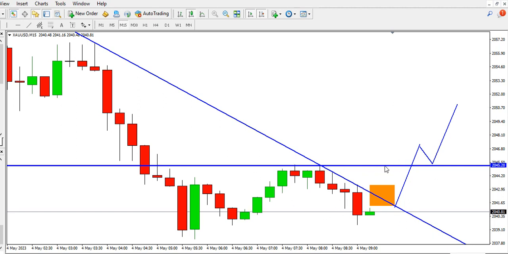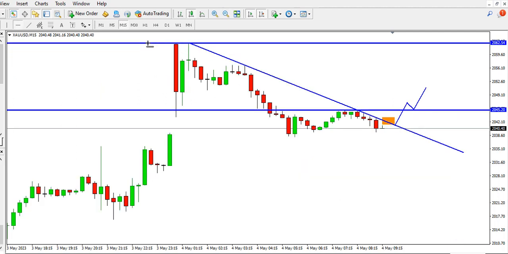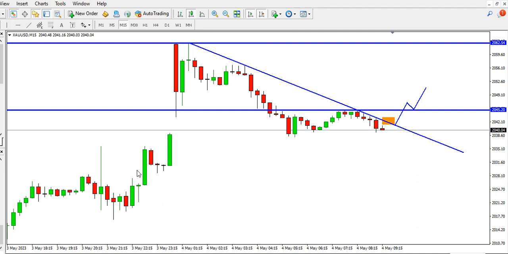Until we have this, we don't go back to the top, the 2062.5 area. For now, look for scalp sells, look for selling opportunities on the chart. That's for the 15 minutes time frame.